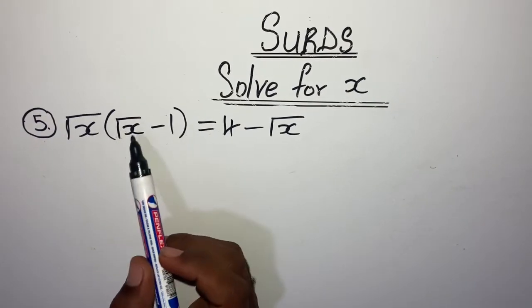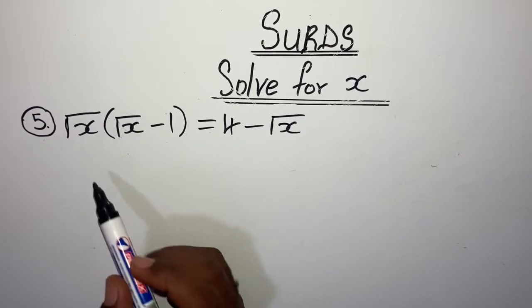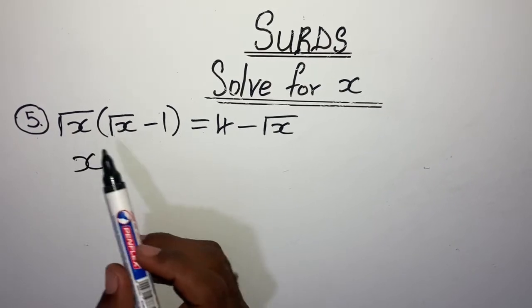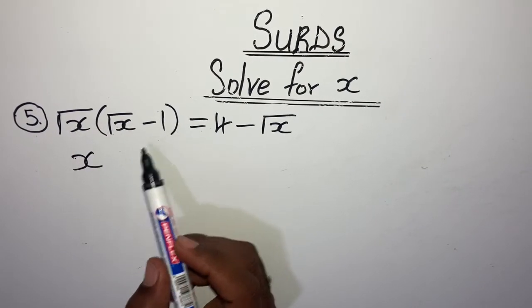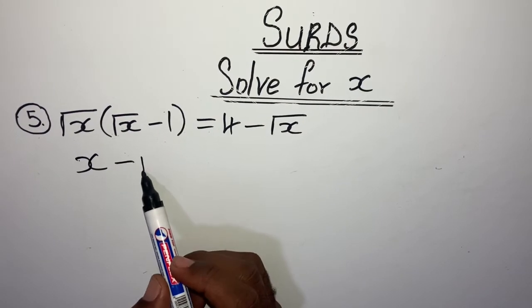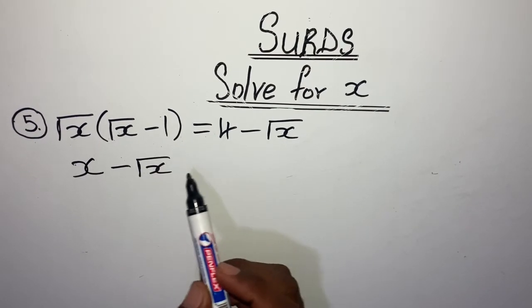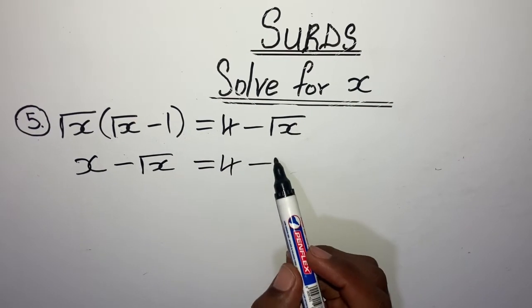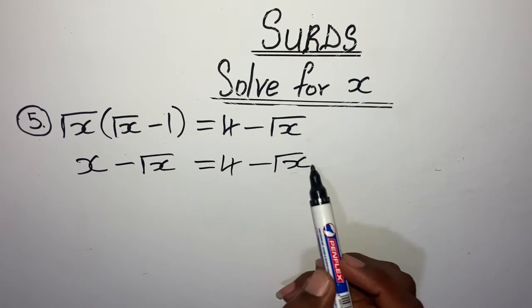So root of x times root of x, we are going to get an x. Then root of x times a negative 1, we get a negative root of x equals to a 4 minus root of x.